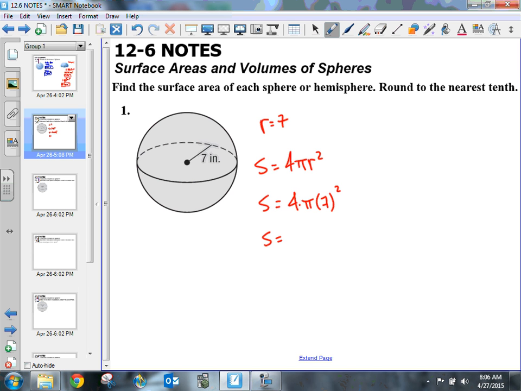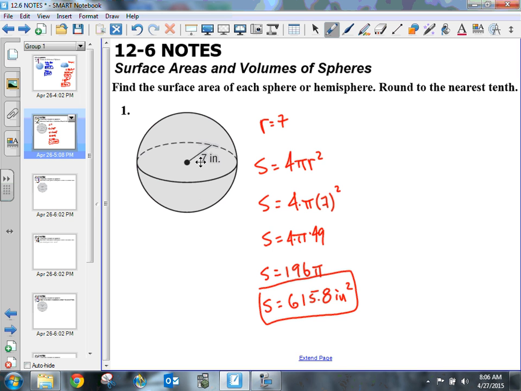So my surface area is 4 times pi times 49. 4 times 49 gives me 196 times pi. You plug that into your calculator, and you end up getting 615.8 inches squared. And that's the surface area of the sphere.